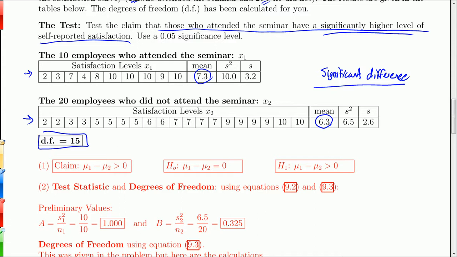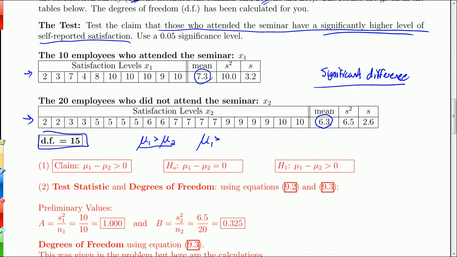And what we're saying is that mu1, those who attended, the mean for all those who attended, is greater than the mean for all those who did not attend. And again, we have population data here, but we'll treat it as sample data. And so instead of having mu1 greater than mu2, we need to set it up with respect to a single number where the difference is relative to a single number.